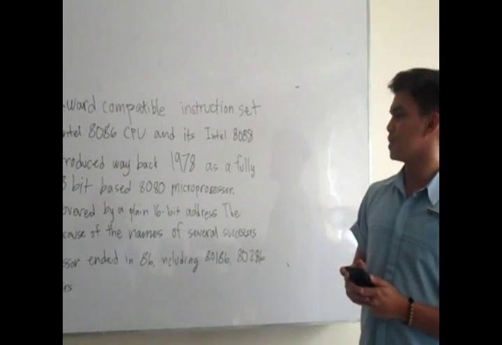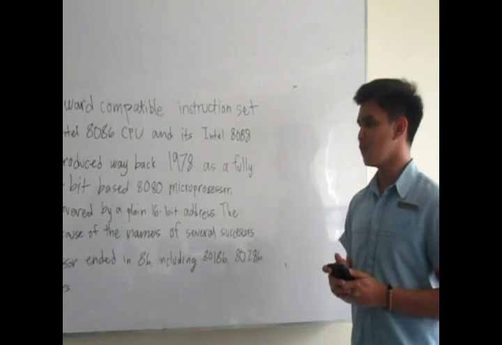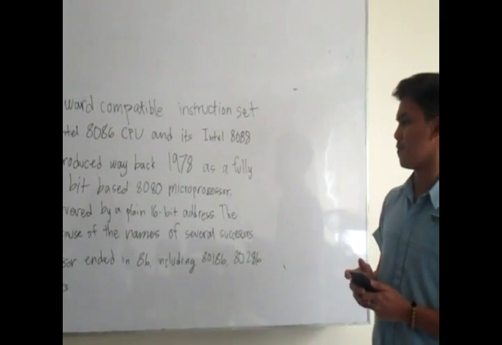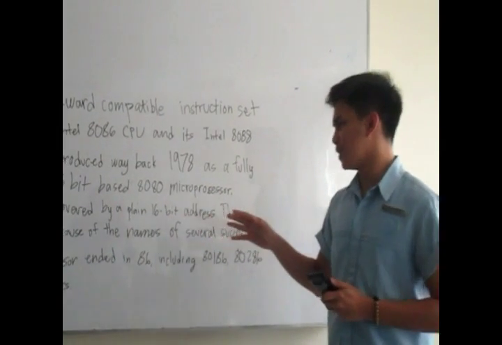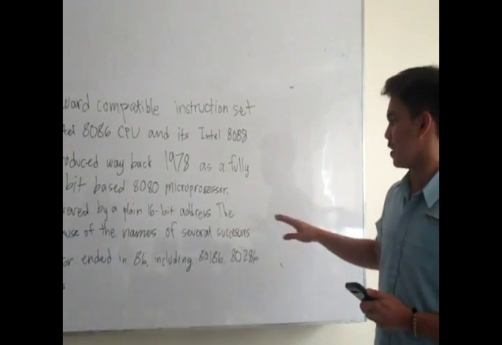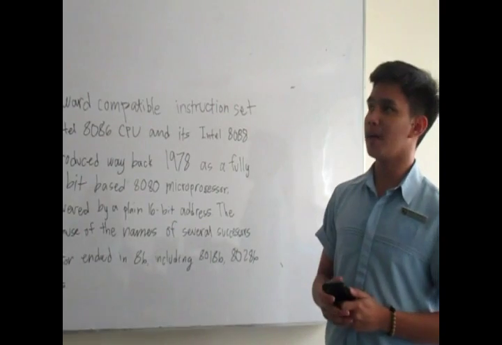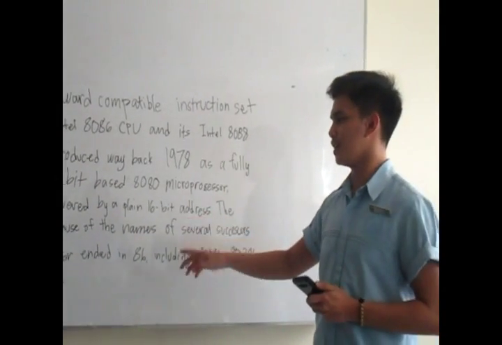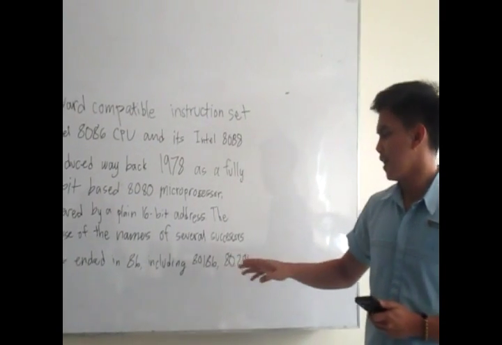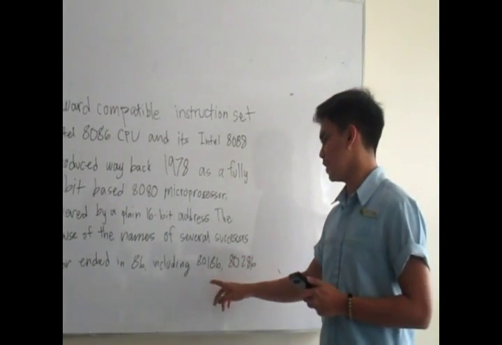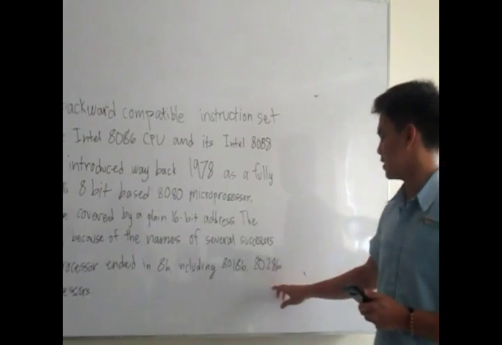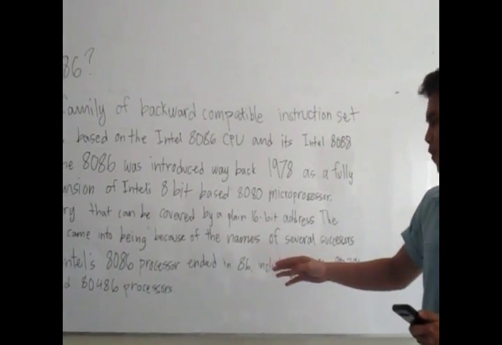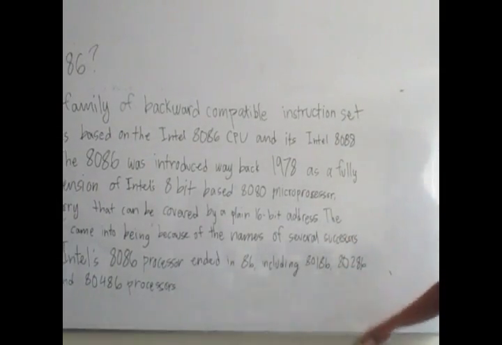The 8086 was introduced way back in 1978 as a fully 16-bit extension of Intel's 8-bit 8080 microprocessor, with memory that can be covered by a plain 16-bit address. The term x86 came into being because the names of several successors to Intel's 8086 processor ended in 86, including the 80186, 80286, 80386, and the 80486 processors.